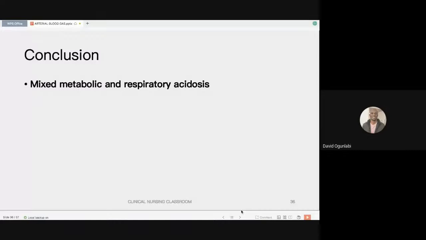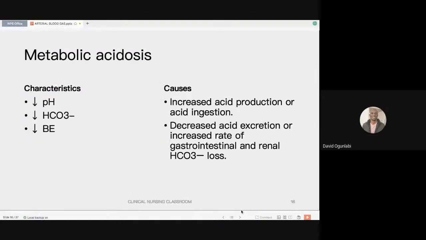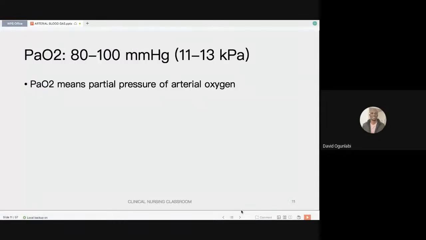So let me go back. There's a place in this where I mentioned mixed. Look at this: mixed respiratory and metabolic acidosis. The characteristics are that the pH is lower than 7.35, the CO2 is higher than 6, and the HCO3 is lower than 22.